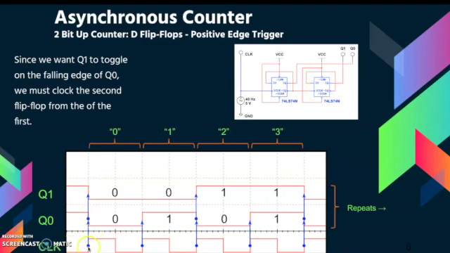When we hit a rising edge right here on our clock, we're going to have Q0 change. When we hit this rising edge again, we get the change at Q0, and this one does not change, and that cycle just keeps repeating for us to get to our different states.